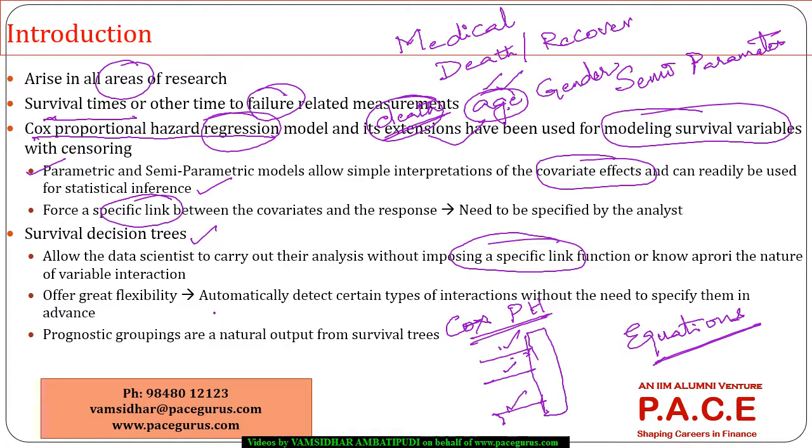Even if I don't know how age is related to the death of the person, or how gender is related to the death of the person, I don't need to forcibly fit any kind of link between the response variable and the covariates. I really don't need to know what kind of interaction exists between these two variables.